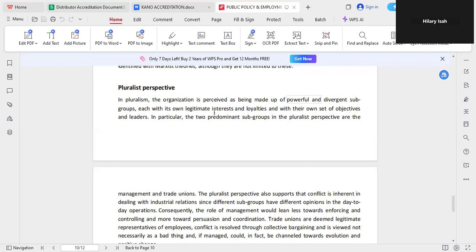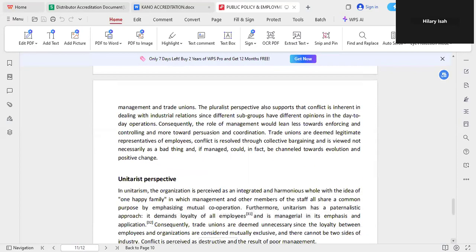In particular, the two predominant subgroups in the pluralist perspective are management and the trade unions. The pluralist perspective also supports that conflict is inherent in industrial relations, since different subgroups have different opinions in day-to-day operations.